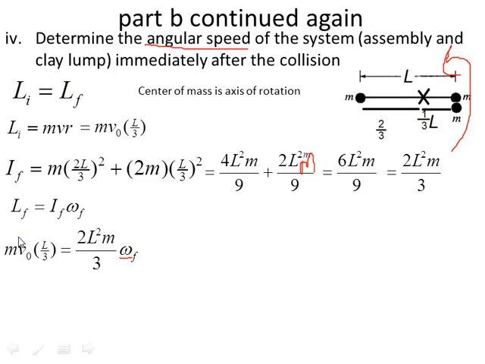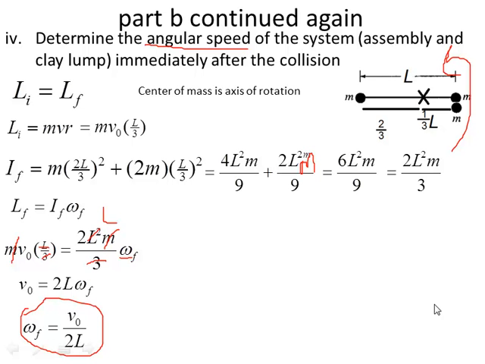So first, I'm noticing that the m's will cancel out. One of these L's will cancel out, and both the 3's will cancel out. So we'll end up with v naught equals 2L omega f. And then we can just divide both sides by 2L to get omega f. So this is our final answer to that part of the problem.